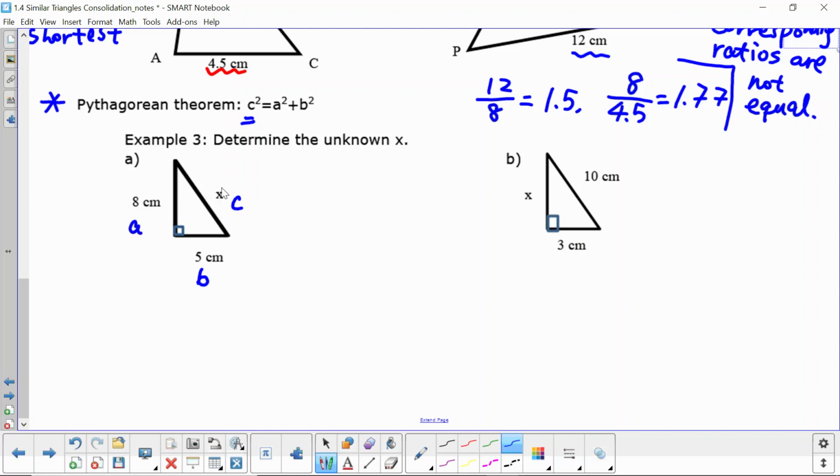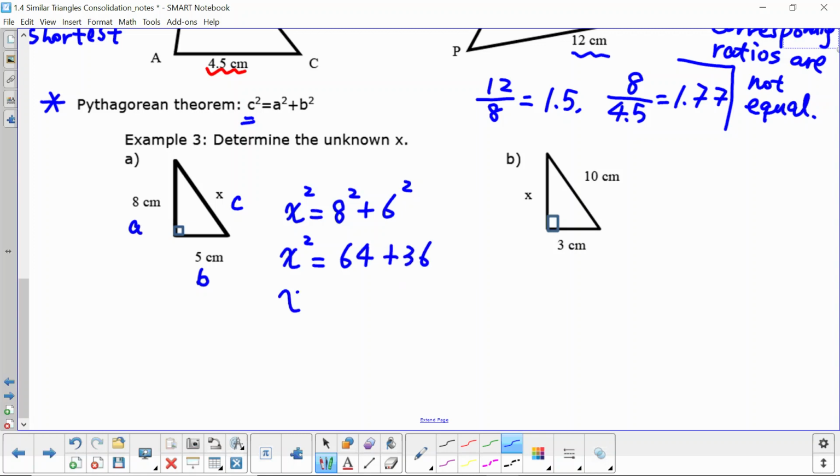Then we sub in the given information to the Pythagorean theorem. You will have x squared equals 8 squared plus 6 squared. Then x squared equals the calculation: 8 squared is 64, 6 squared is 6 times 6, which gives you 36.